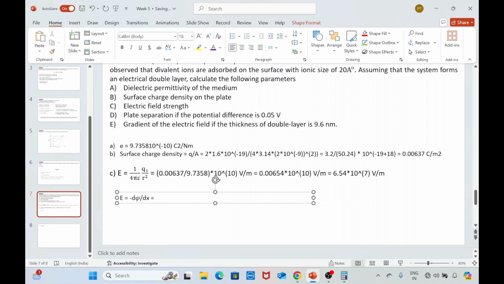So the negative gradient of the potential difference is the electric field strength. Here I have again given the expression, so it will be easy.